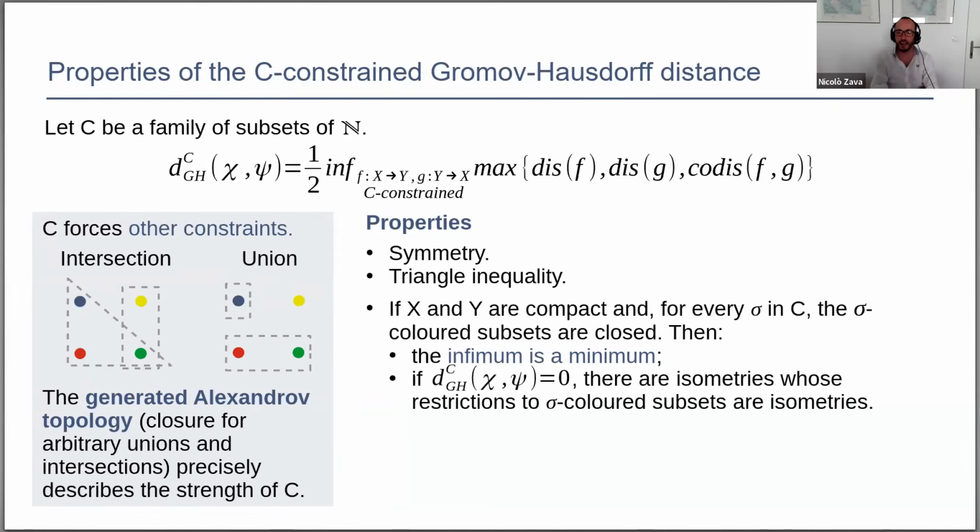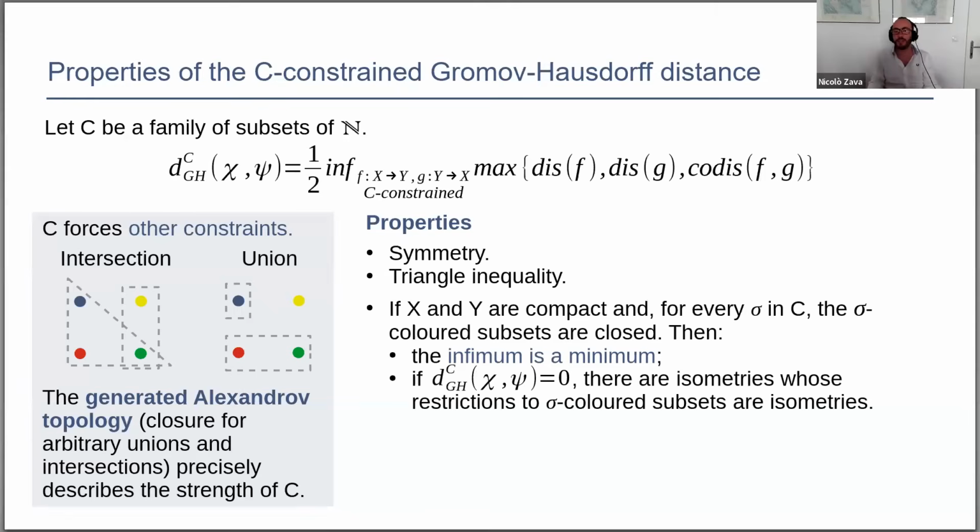A bit more refined argument is needed to show that if you restrict yourself to compact situations, where the data sets and all the C-colored subsets are compact, then this infimum is actually achievable. It's a minimum. There is a pair of maps with the best possible distortion and co-distortion.